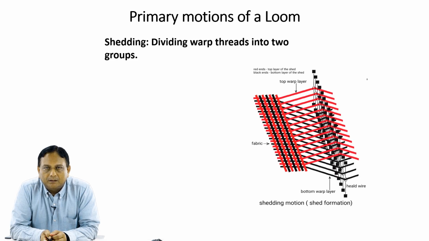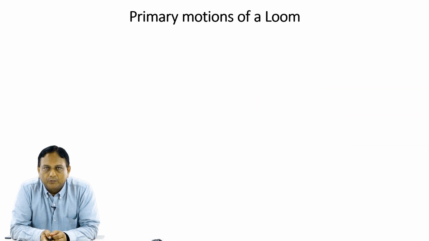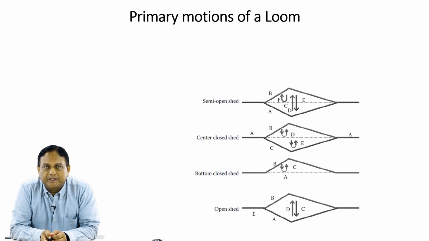As we can see in the figure, this is called the shedding motion, and a shed is formed by dividing the warp threads. Typically, if we try to classify these shedding operations, we can see that different types of sheds exist, as shown in the figure.